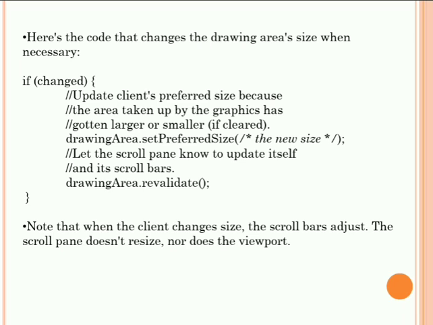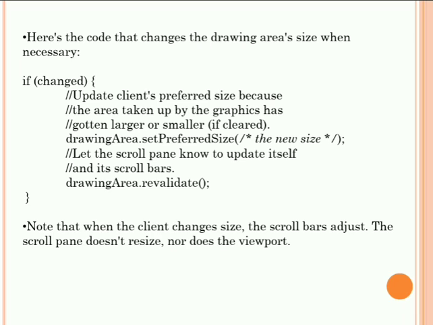Here's the code that changes the drawing area size when necessary. Now let us see. If changed, update the client's preferred size, because the area taken up by the graphics has gotten larger or smaller. If we clear one particular circle, then it will become smaller. If we add a number of circles, the area will increase. This is what is told here. Drawing area set preferred size: initially it will set a preferred size given by the client.